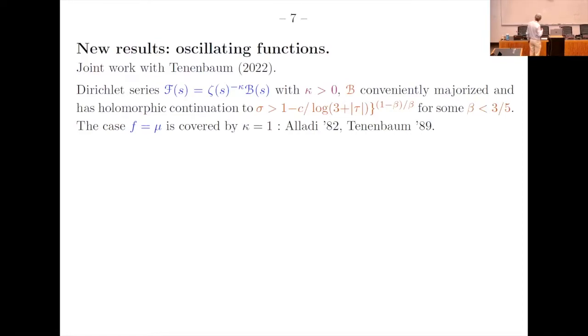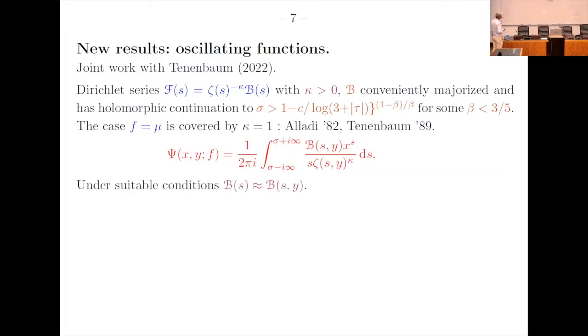The case when kappa equal 1 was treated by Alladi in 82, and after by Tenenbaum in 89. So you use complex analysis with the Perron formula.